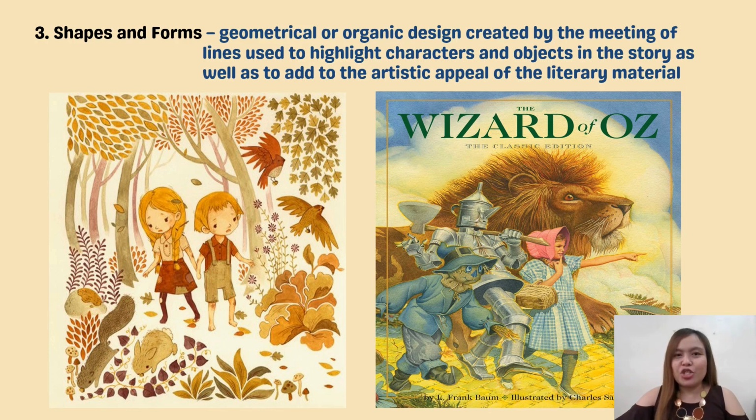Shapes and forms are geometrical or organic designs created by the meeting of lines, and they are used to highlight characters and objects in the story, as well as to add to the artistic appeal of the literary material. Now look at the different shapes that are used in the first picture. It creates a very unique look.